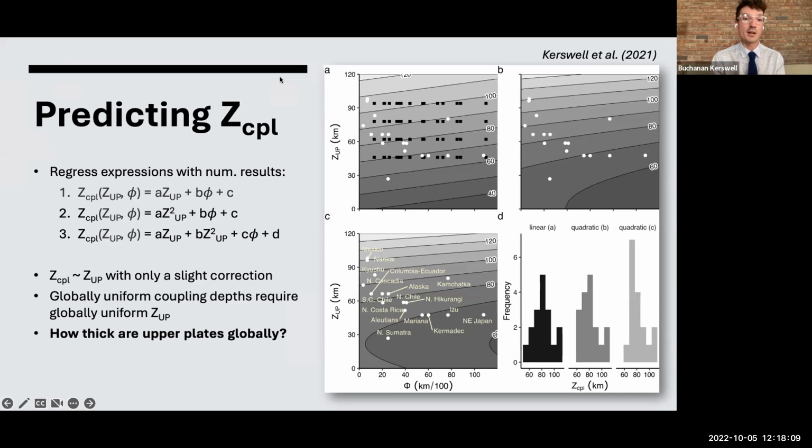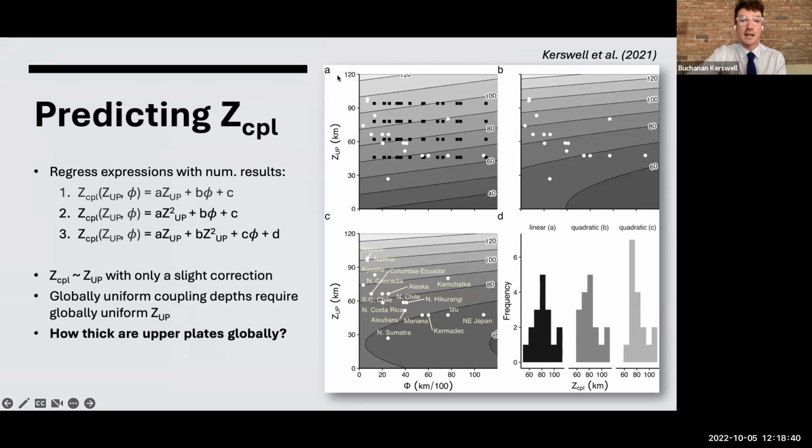So there's some information for modern day subduction zones where we use the average heat flow to calculate the thickness of the upper plate for those subduction zone segments. We know the velocity and the ages of the slabs, so we can plot them on these regressed expressions, and thus calculate the predicted coupling depth for these particular subduction zones.